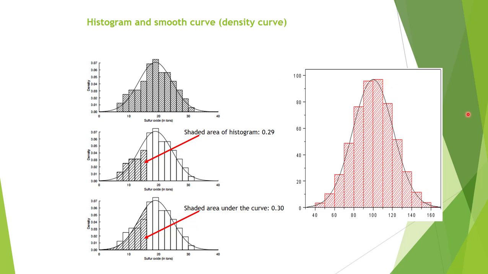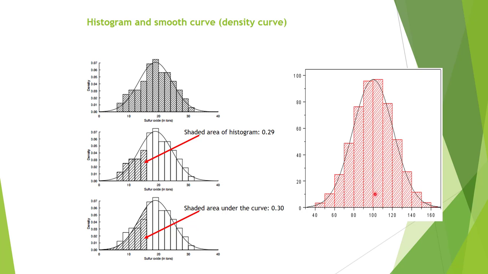Let's take a look at a special kind of histogram. So I would like you to take a look at the histogram I shaded in red. You might have already noticed this histogram is symmetrical. Here is the central line.